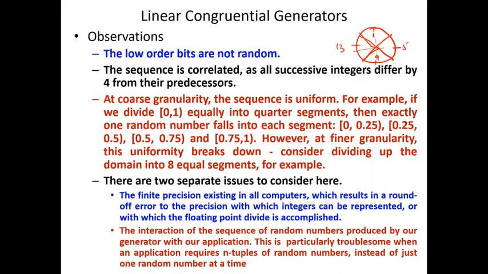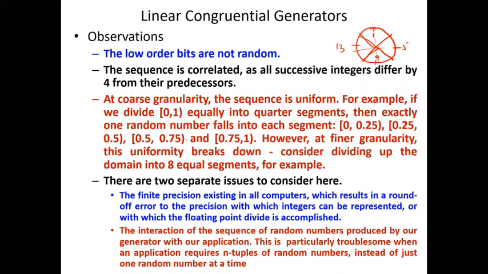Just remember, there are usually 2 separate issues which we have to consider. One is that all computers have a finite precision, beyond which they usually round off. So there is always a round off error in systems. They can calculate the precision up to some decimal point, after which they will round off the values.